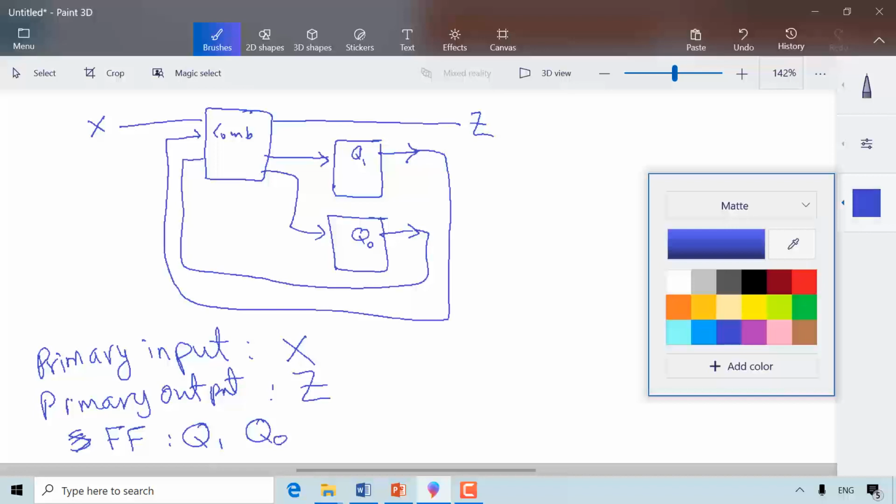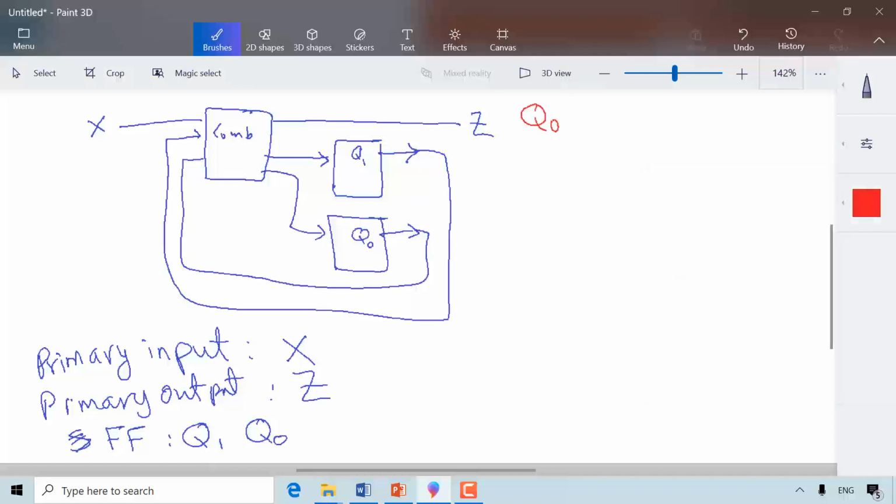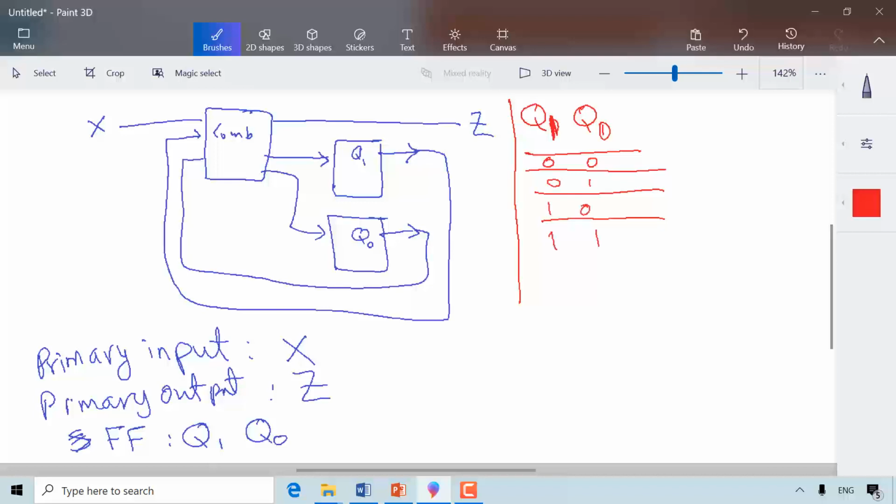We can take those flip-flops and talk about every value of those flip-flops as a state. Meaning, I have Q1 and Q0, and the combinations of these are 00, 01, 10, 11.